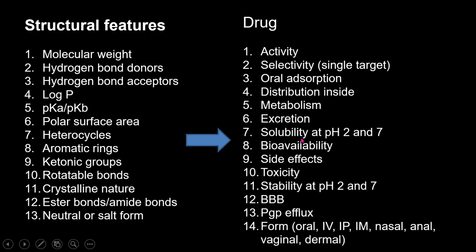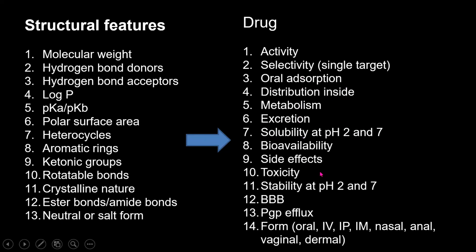For example, I put in more oxygen groups like hydrogen bond acceptors. When I put in more oxygen groups, you are increasing its polar surface area. It's becoming very hydrophilic. So what happens? Maybe absorption through the stomach may be very poor. And if you are putting in ester bonds, it is water soluble because you have oxygen groups, so maybe absorption is good.